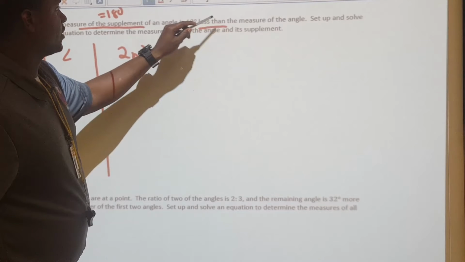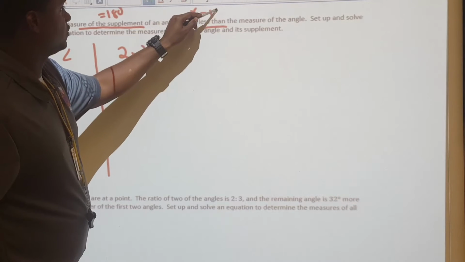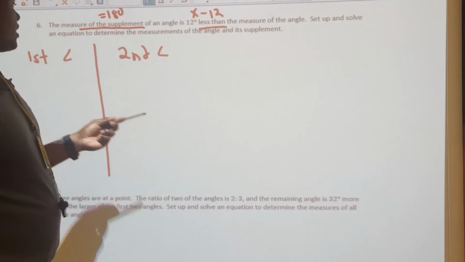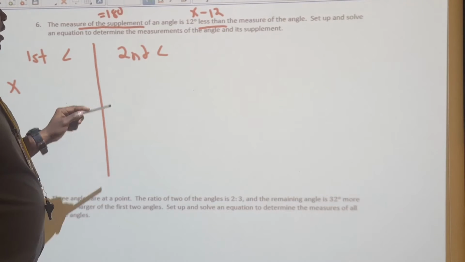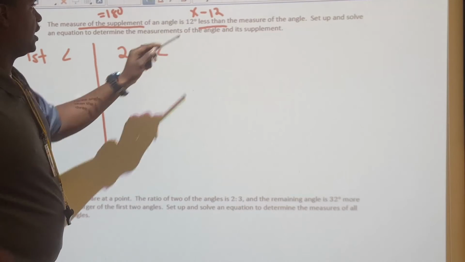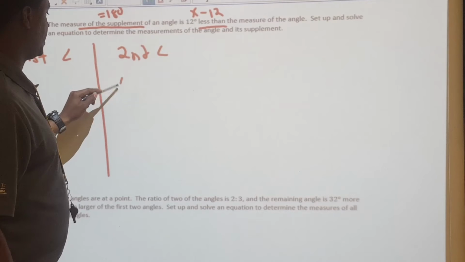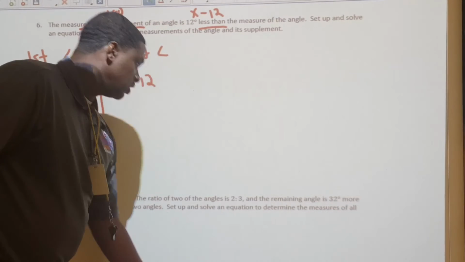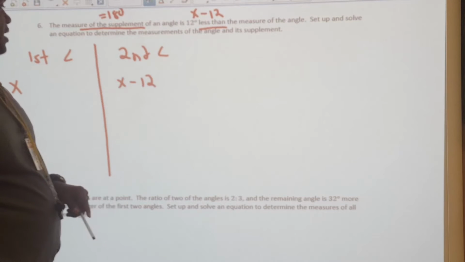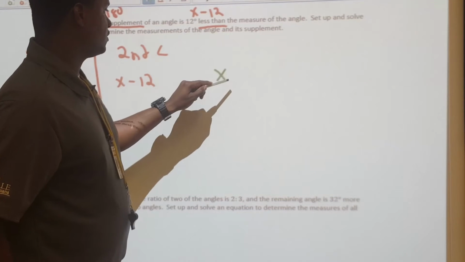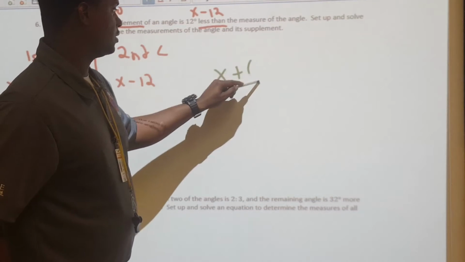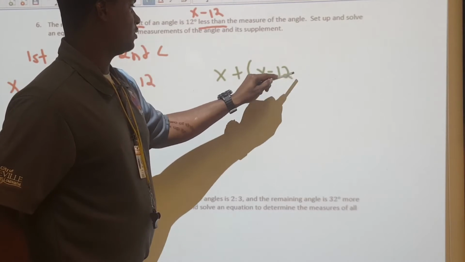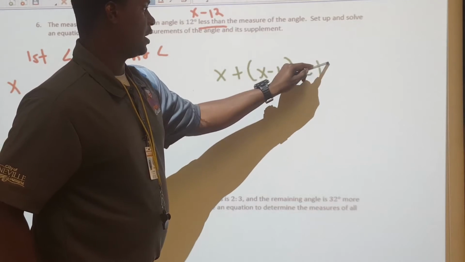I don't know my first angle, so it's x, and my second angle is x minus 12. I have my two angles. Now I'm going to set up an equation because I know they equal 180. So x plus x minus 12 is equal to 180.